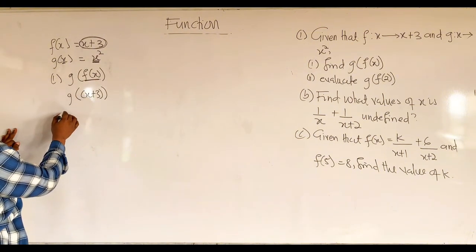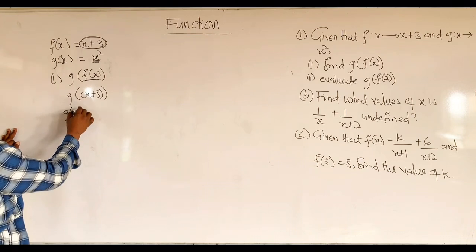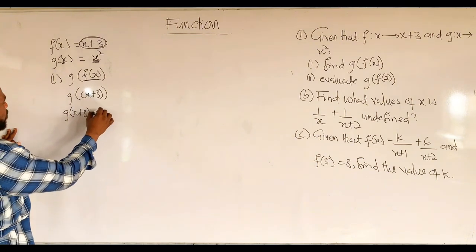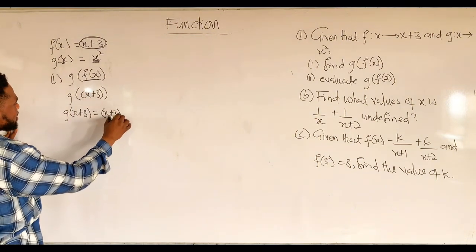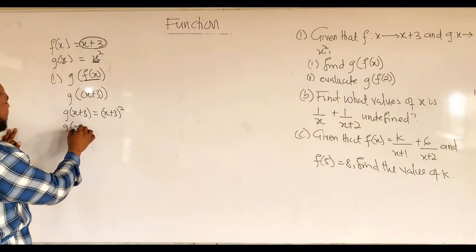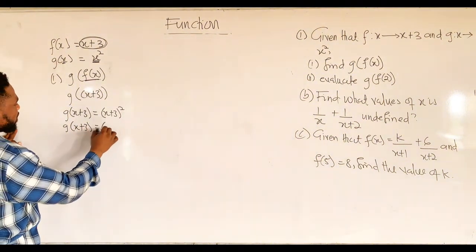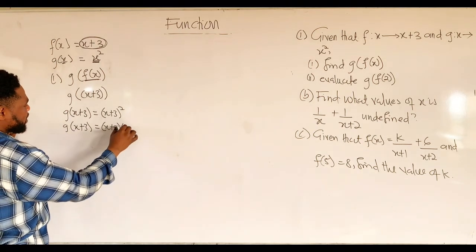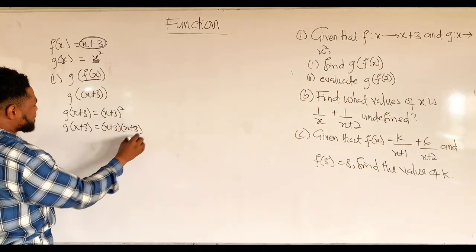So we can break it down as g of x plus 3 will be equal to x plus 3 all squared, and g of x plus 3 is going to be x plus 3 times x plus 3.